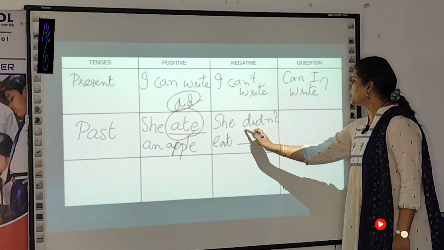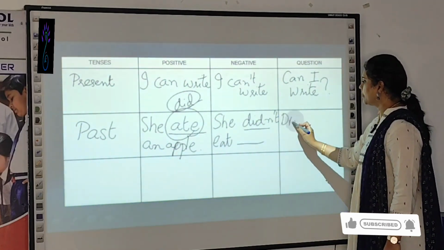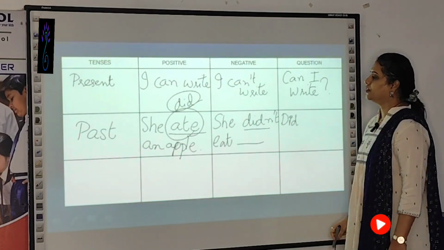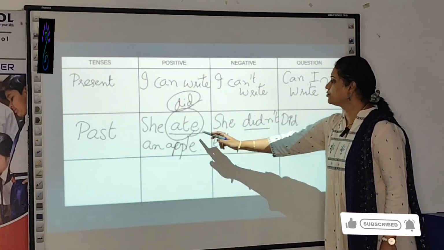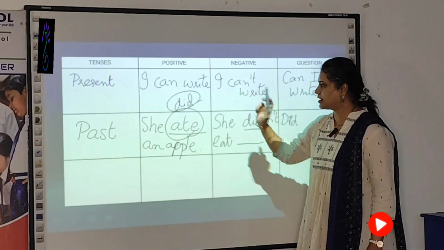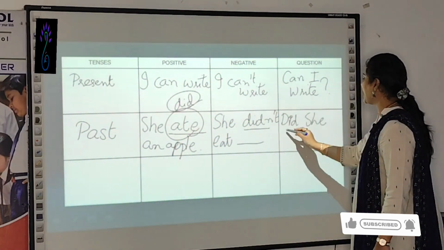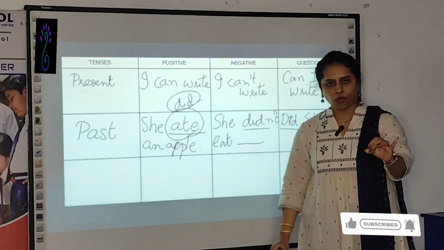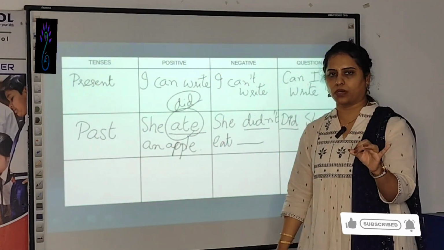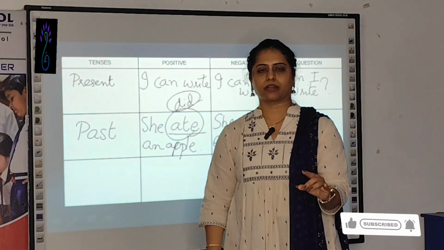Similarly, here you pick up for question. Did, you can't write ate she apple. No, you can't write. So you should pick up for that. What is auxiliary verb? Did she eat? Did, do, does, always they are followed by base form of the verb. Don't write past tense. Most of them, they commit the same error. What do they do?